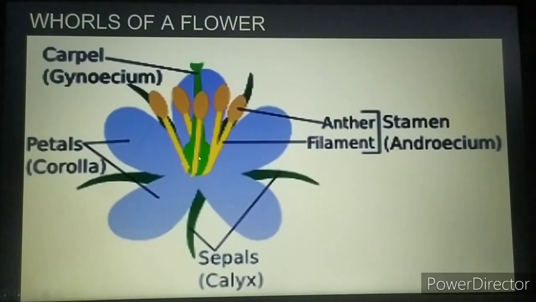Then this yellow part shows the stamen, that is the androecium, consisting of two parts, the bilobed structure called the anther, and this thread-like structure which attaches it to the base is the filament, and the center part is called the carpel or gynoecium, which consists of the stigma, style and the ovary.